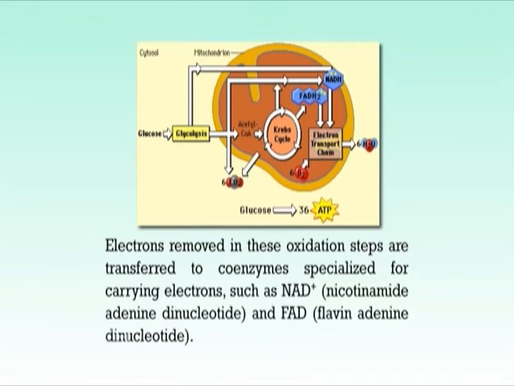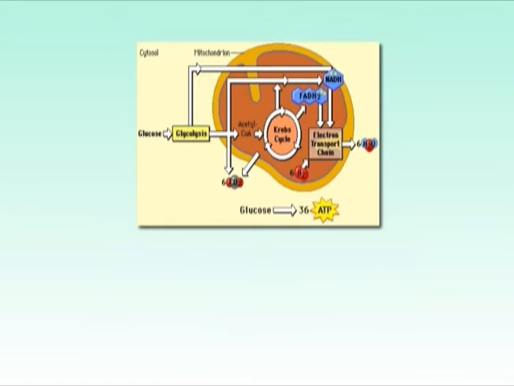Electrons removed in these oxidation steps are transferred to coenzymes specialized for carrying electrons such as NAD+, which is nicotinamide adenine dinucleotide, and FAD, which is flavin adenine dinucleotide. These are then reduced to NADH and FADH2.